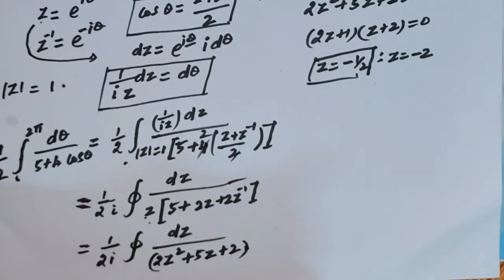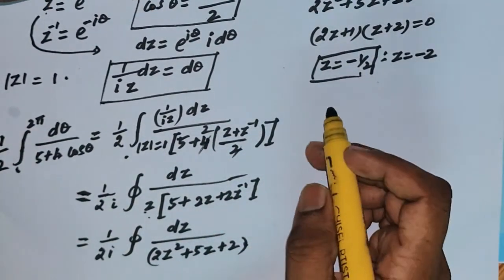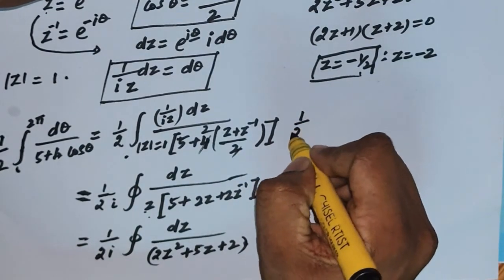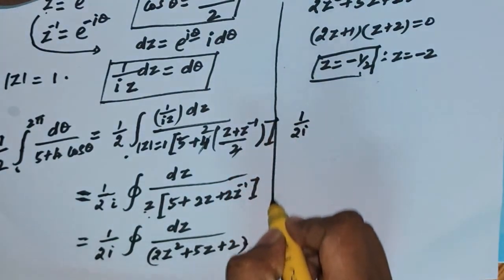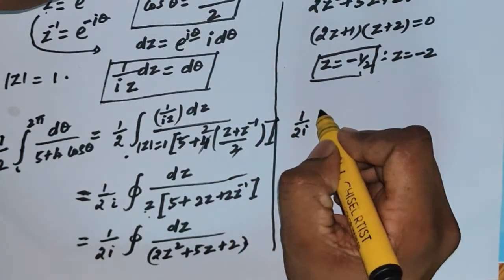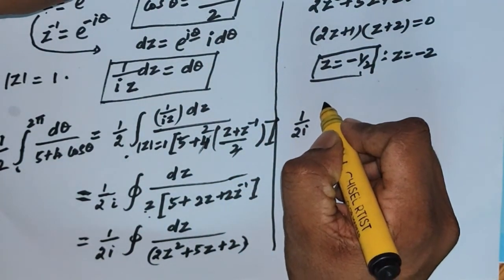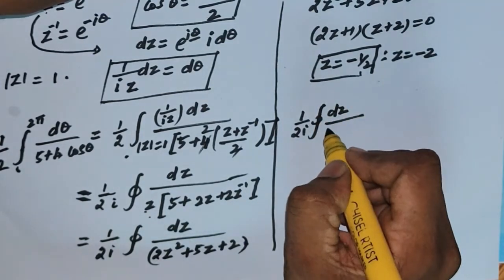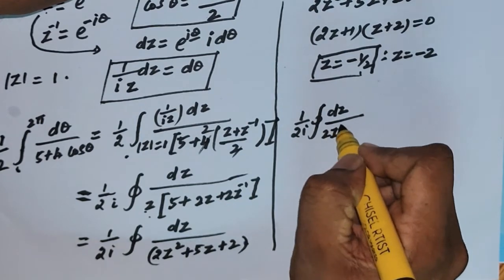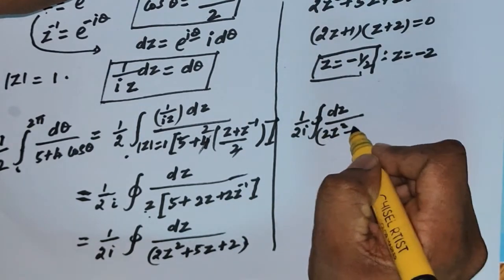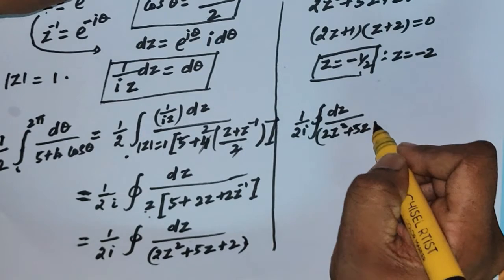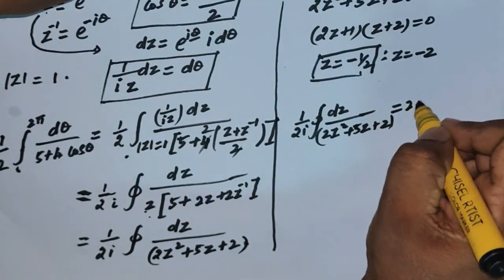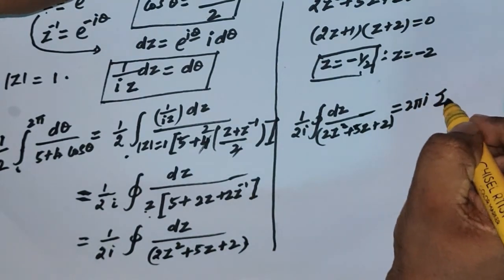What the residue theorem says is, for any complex integral, here we are having the complex integral and in front 1 by 2i, just you can make the separator. So 1 by 2i integral over the unit circle of dz by 2z square plus 5z plus 2 is equal to 2 pi i times the sum of the residues.